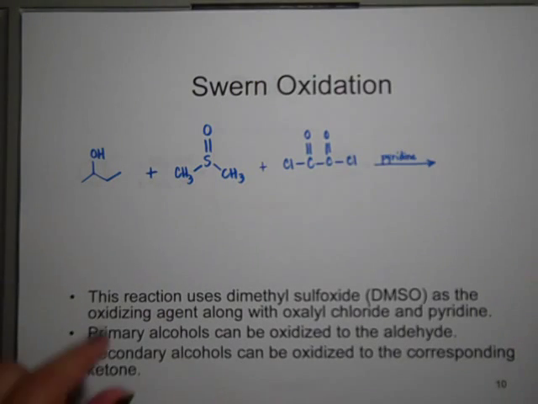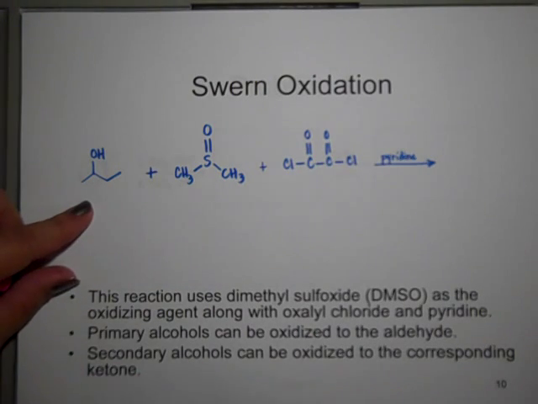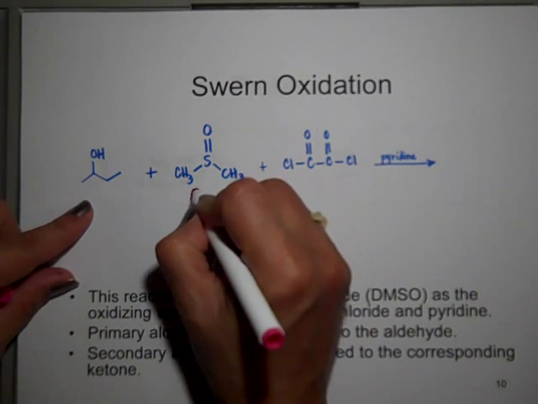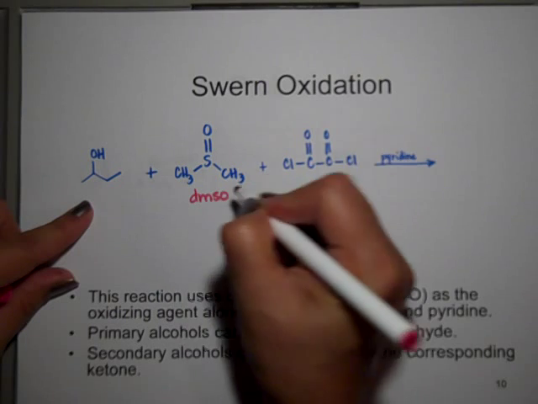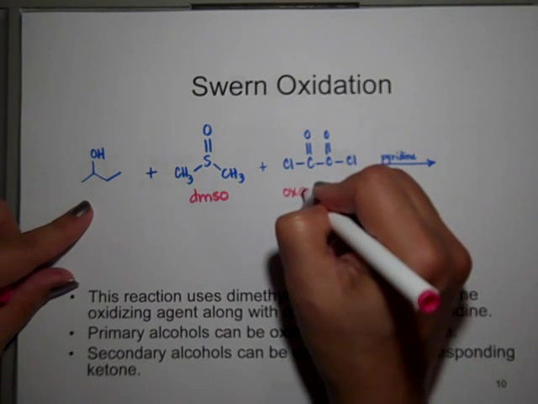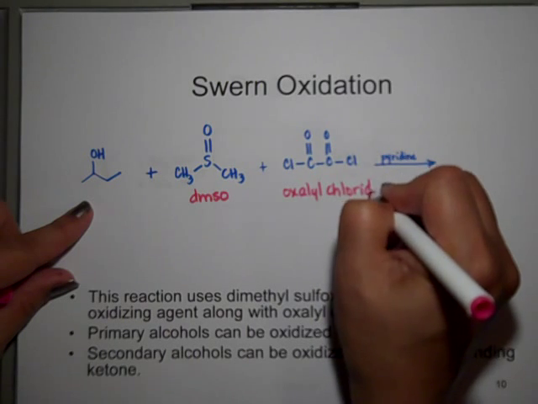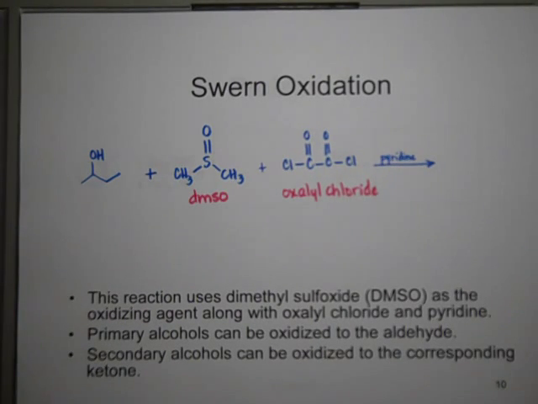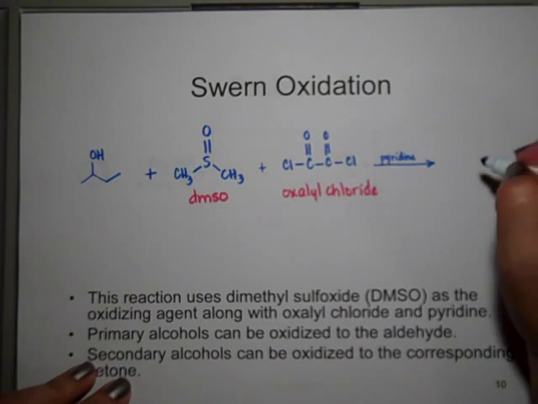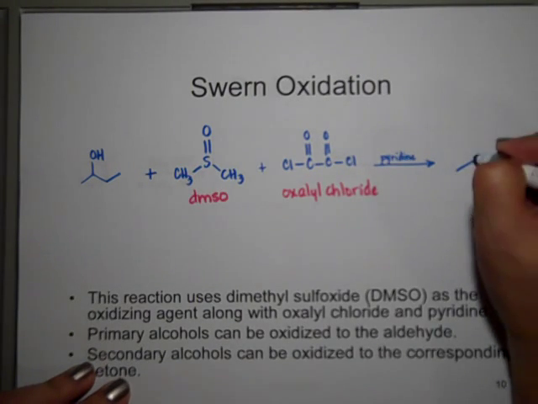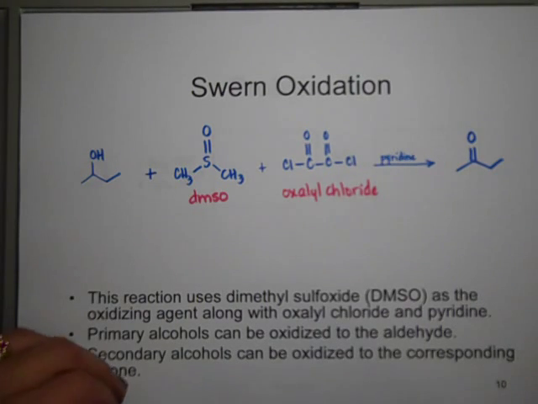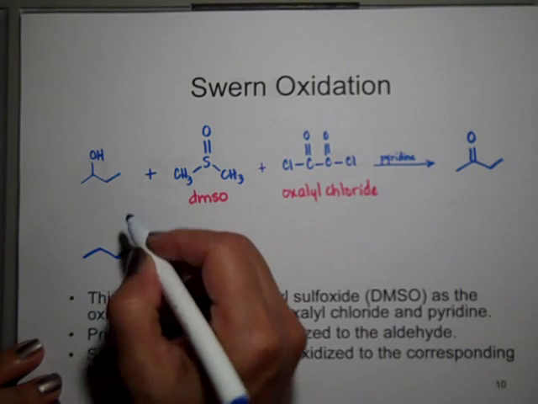But it's a gentle oxidation in which you can take a primary or a secondary alcohol. You use DMSO and you use oxalyl chloride. You do it in the presence of pyridine, and you will take your primary, you'll take your secondary, which is the one that I have here, to the next level up. You could also take a primary.